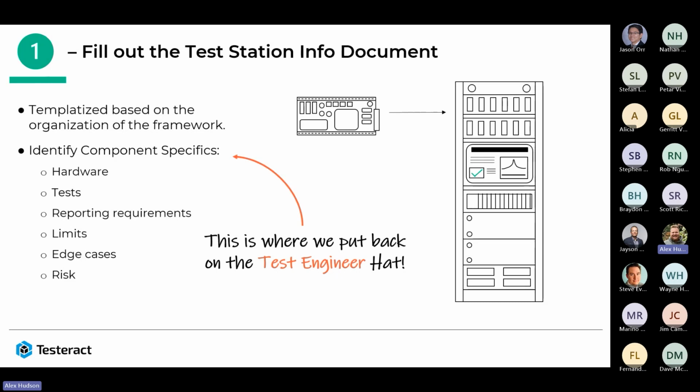This is really where we benefit and we put on our test engineering hat. This is where we, again, have to think like test engineers. The rest of this is all software engineering thinking, but this is where we put on our test engineering hat. We really should think about the entire process and how it's going to work.